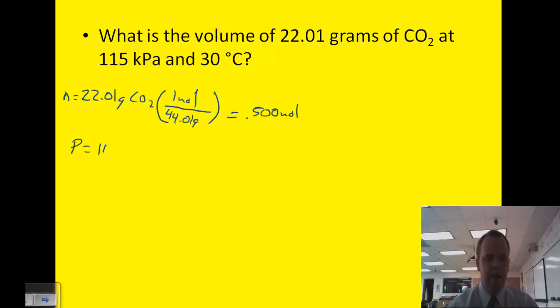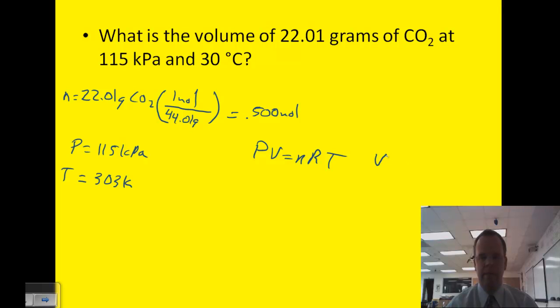My P, 115 kilopascals. My T, 30 plus 273, so 303 Kelvin. So now I can plug in PV equals nRT. I'm going to do the algebra first this time, so I'm solving for volume. So volume is nRT over P. So the volume, 0.500.